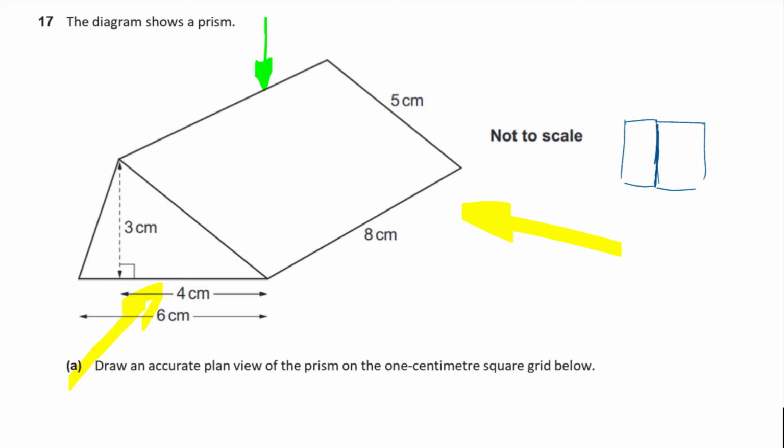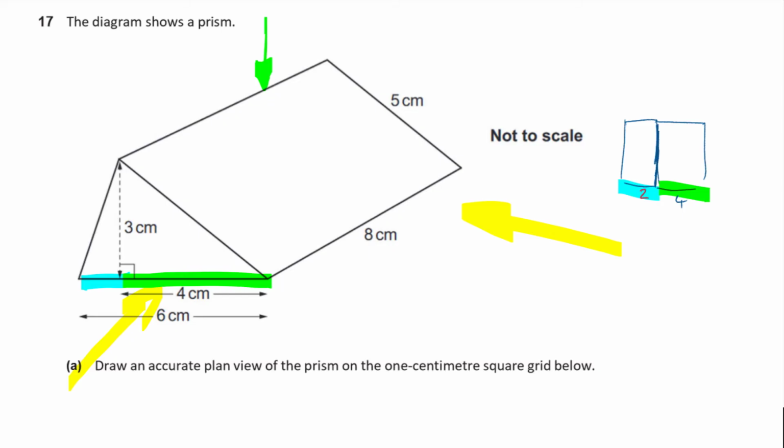Now the distance you'll see: for this distance here, you're not going to see all of it, because you're just going to see this bit along the base, this much of it. So that distance there is going to be 4, and for this bit here you're going to see this part from above, which is 6 take away 4, that's 2, isn't it?